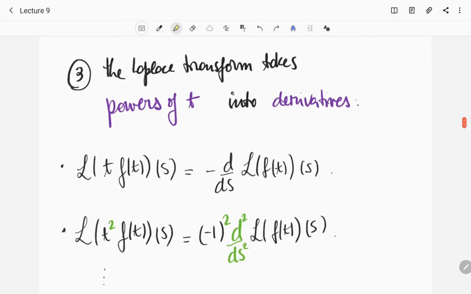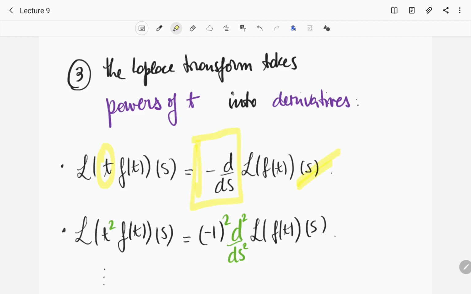More properties. The Laplace transform takes powers of t into derivatives. So what do we mean with this sentence? If we have a function times t, the Laplace transform takes this power of t into this derivative of the new variable s.